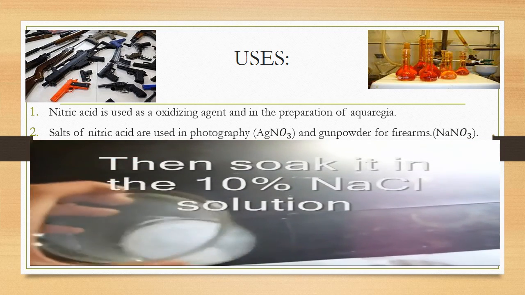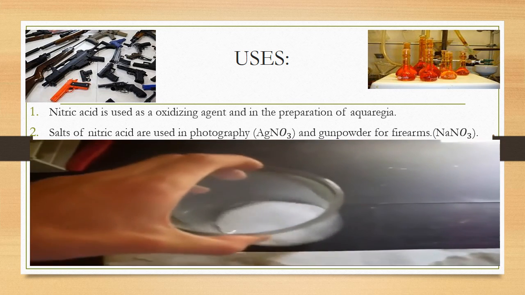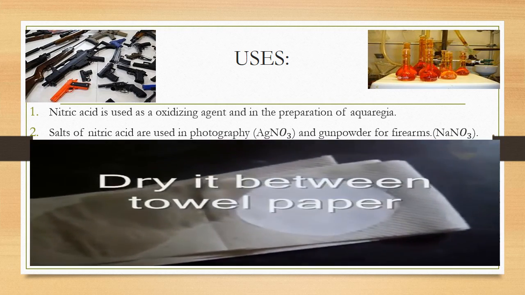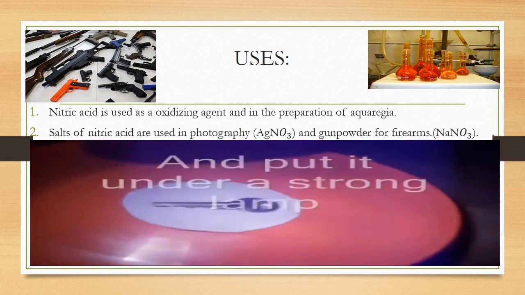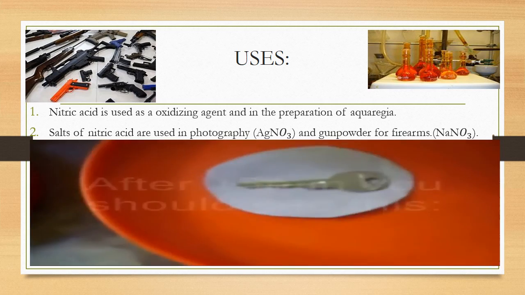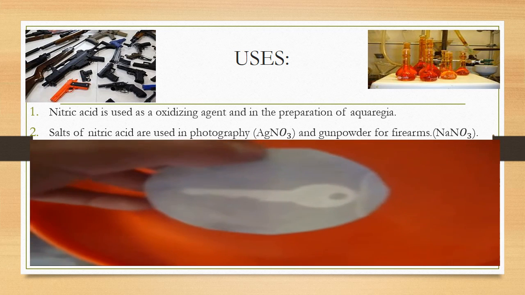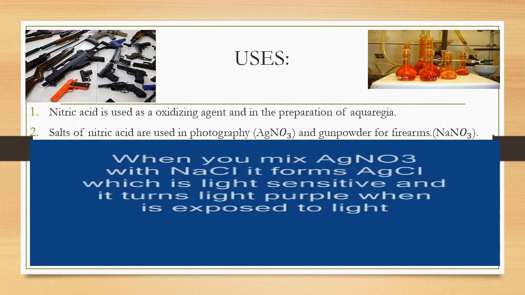First they have taken silver nitrate solution and dipped the filter paper into it, dried it, and then placed the key over it. You can find that this is a way it can be helpful for photography.